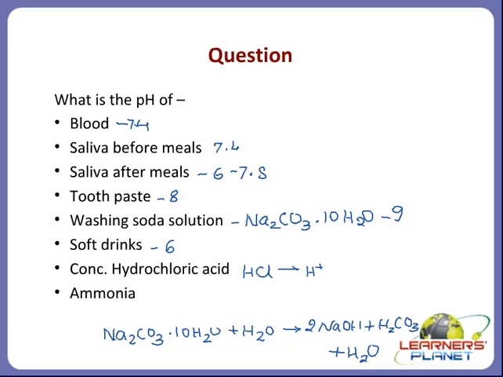H+ and Cl- ions, right? It is concentrated. What do you mean by concentrated? That it has a very small amount of water in it. Is my point clear? So very small amount of water, and it has a high concentration of H ions.